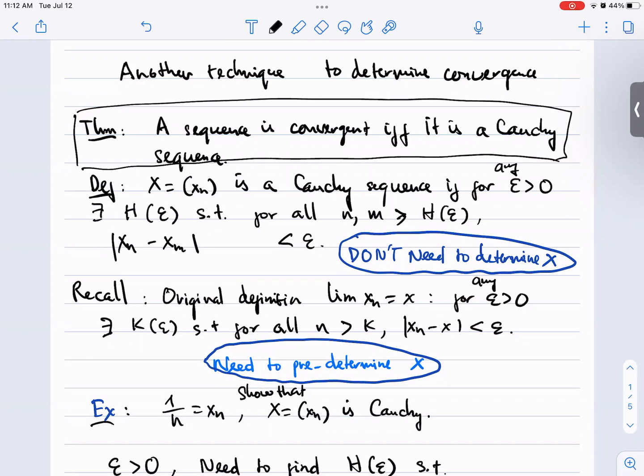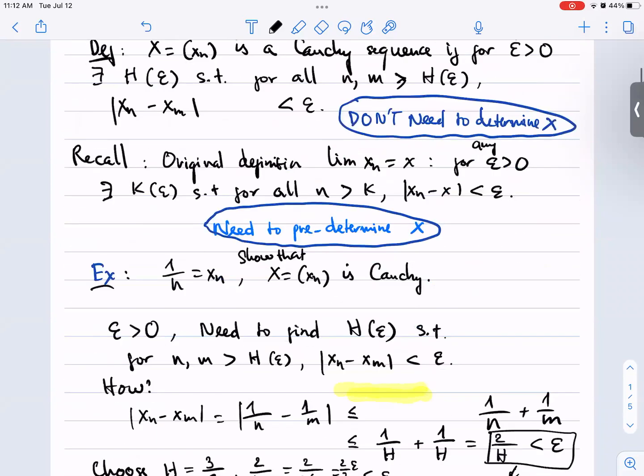And in order to appreciate this definition, let's recall the original definition of convergence. The limit of a sequence xn equals x if for any epsilon greater than 0, there exists some number k, probably depending on epsilon, such that for all n bigger than k, |xn minus x| must be smaller than epsilon.